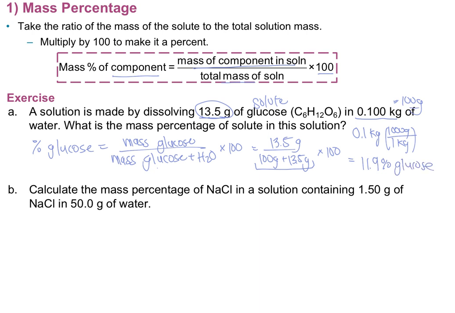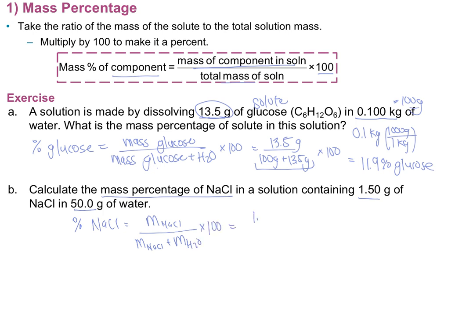The next problem, we're finding the mass percent of sodium chloride in a solution that has 1.5 grams of sodium chloride and 50 grams of water. So we're going to do percent of NaCl is going to be the mass of NaCl divided by the mass of NaCl plus the mass of water, times 100.